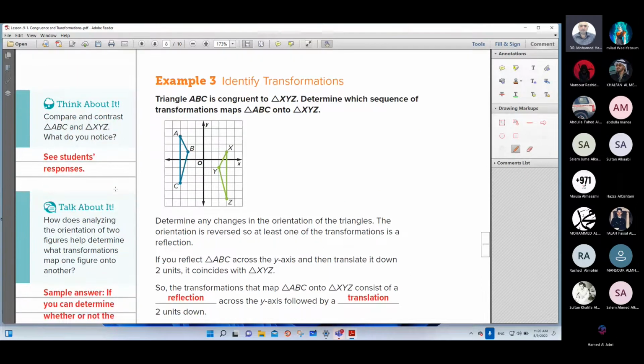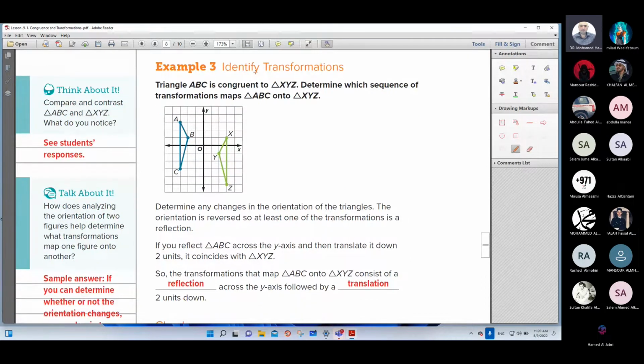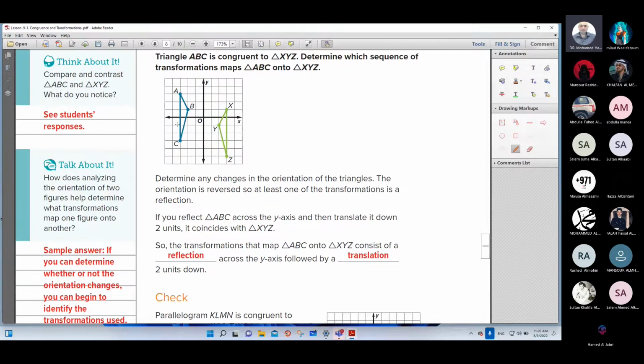For example, identify the transformation. If you compare the pre-image and the image, as you see, we have a switch in the direction, which means we have reflection.